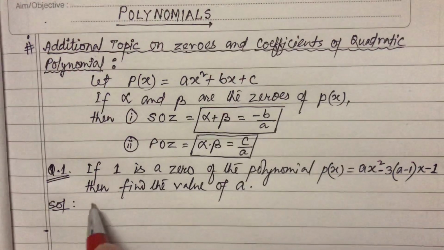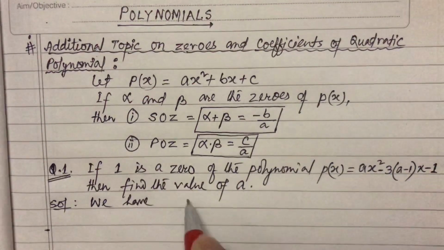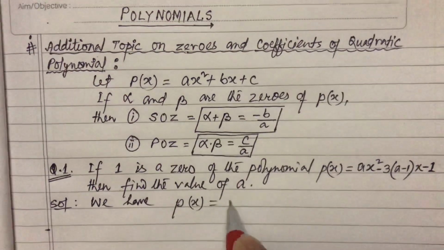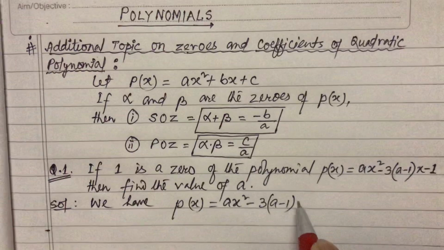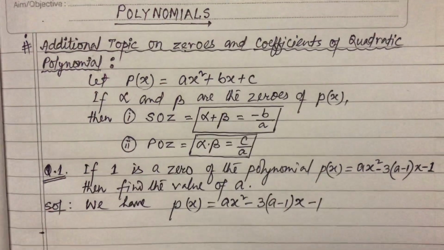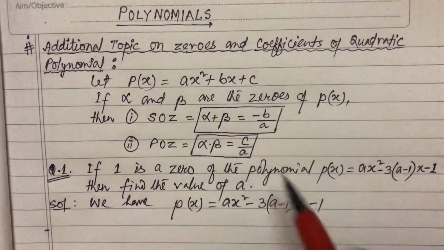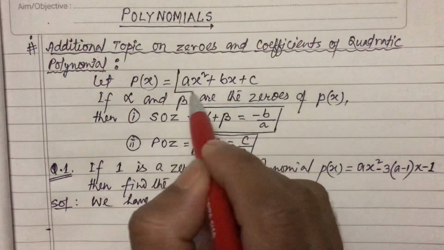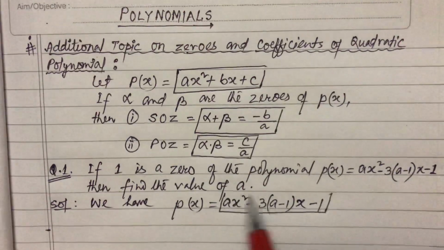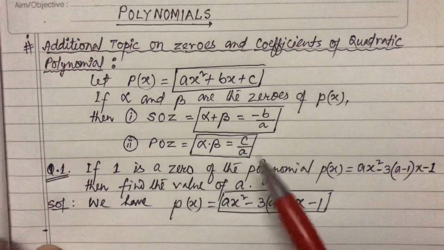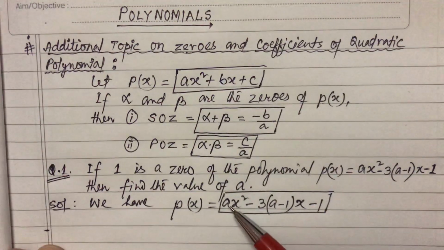Well, so our polynomial is p of x equal to ax square minus 3a minus 1 x minus 1. If we compare this polynomial with the general form of quadratic polynomial, we can easily see the value of a here is a only.